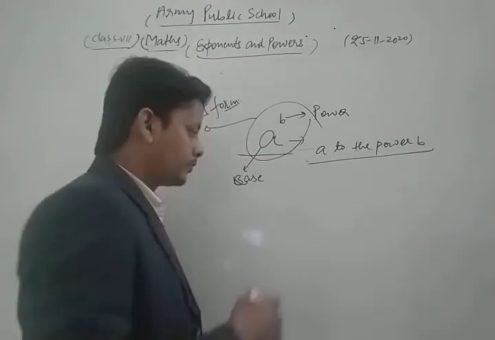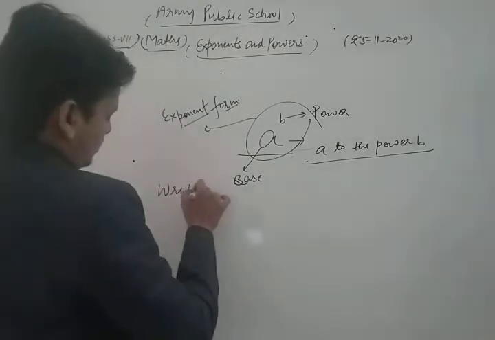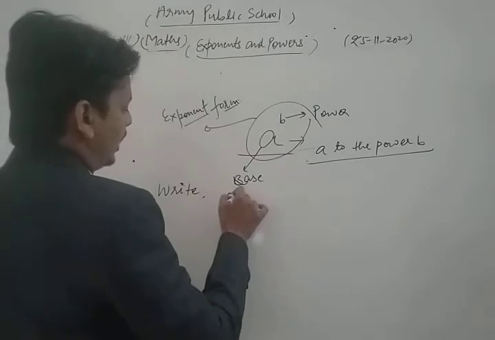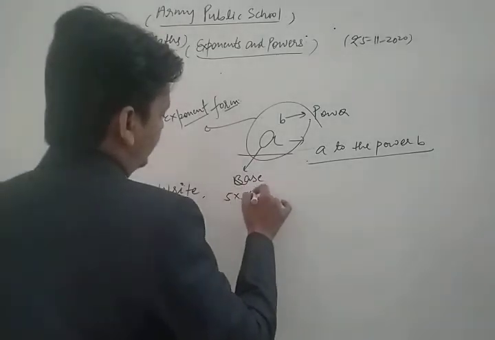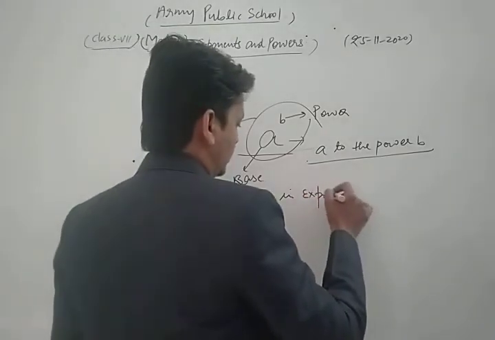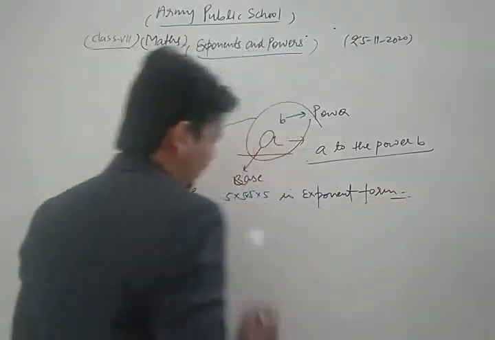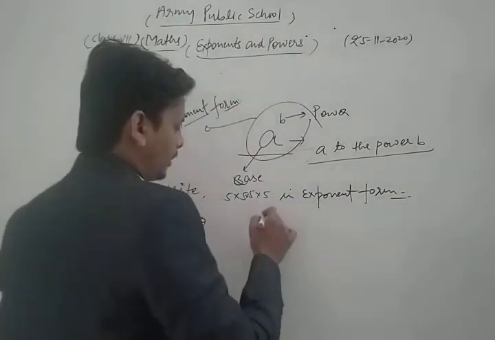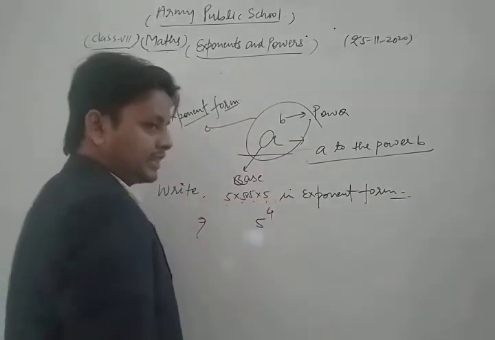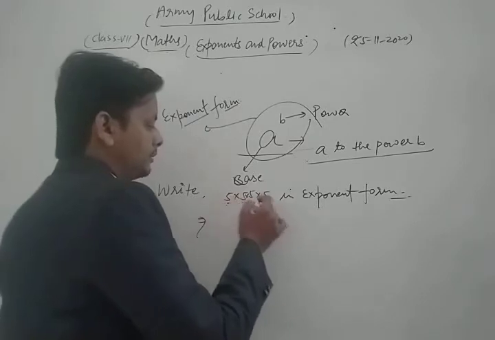Suppose I write a question: write 5 into 5 into 5 into 5 in exponent form. Then what will I write? 5 to the power 4, because 5 is involved 4 times, and you know the basic law of exponents I just discussed: if the bases are the same, the powers are added.